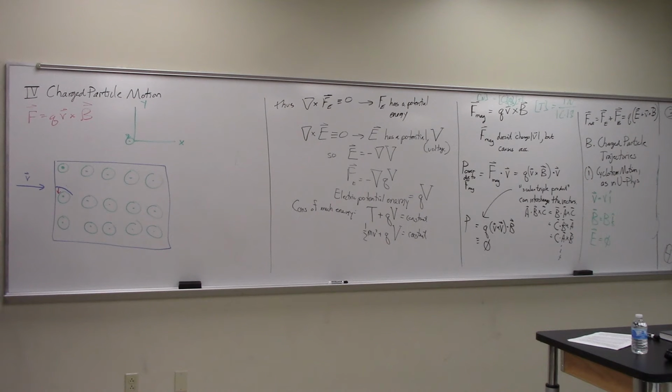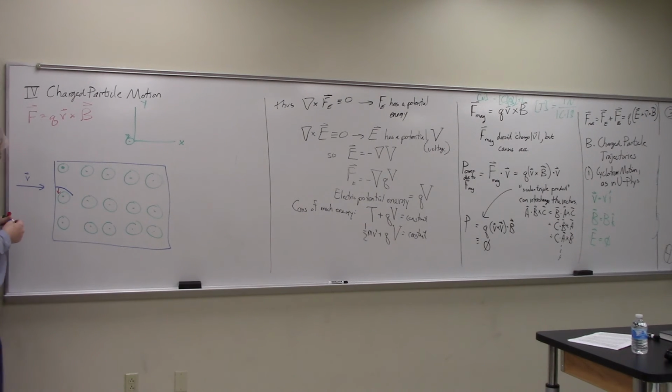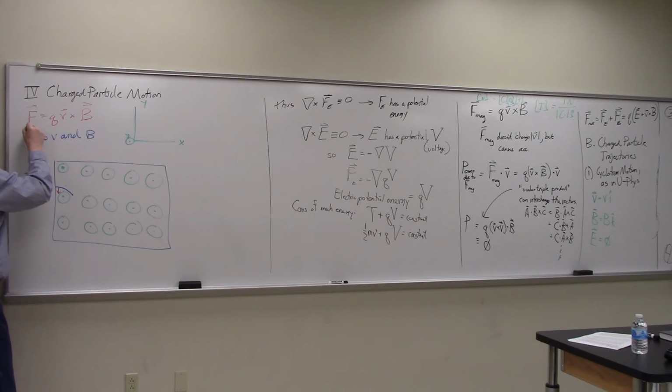But now, the particle has moved. It's over here. Now let's do our V cross B again. The way cross product works is that the resultant has to be perpendicular to V and B. F is perpendicular.